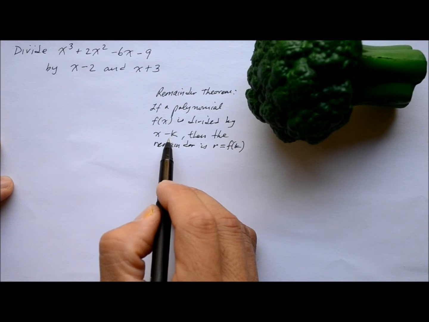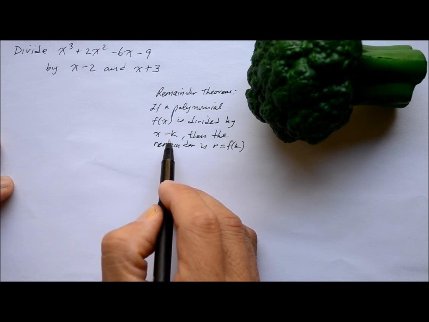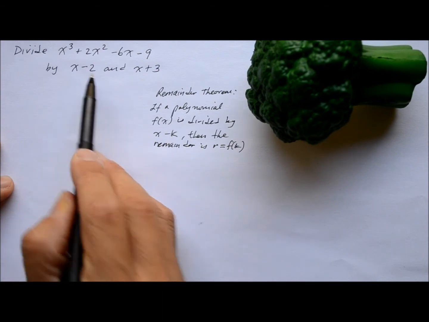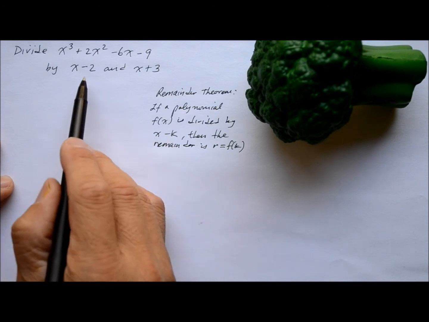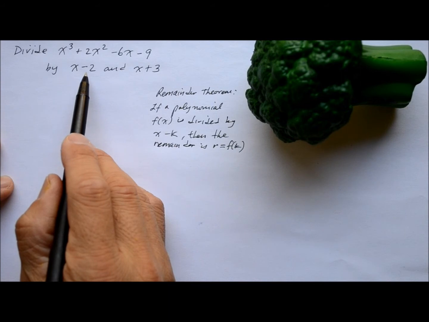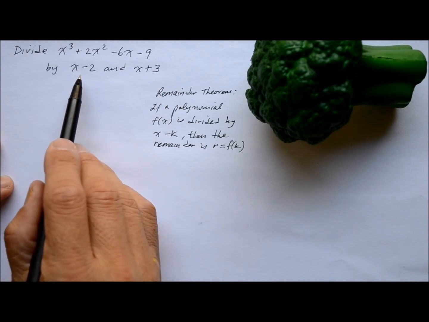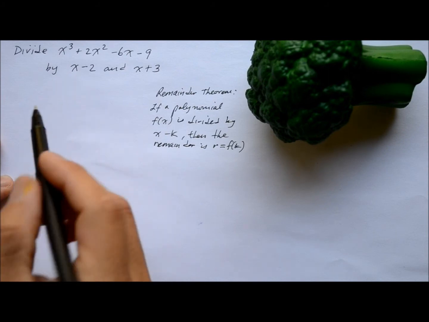Whatever the term of a binomial we get, we have to take the inverse and use it in our synthetic division. That was a mouthful, huh? But let me show you how that works.